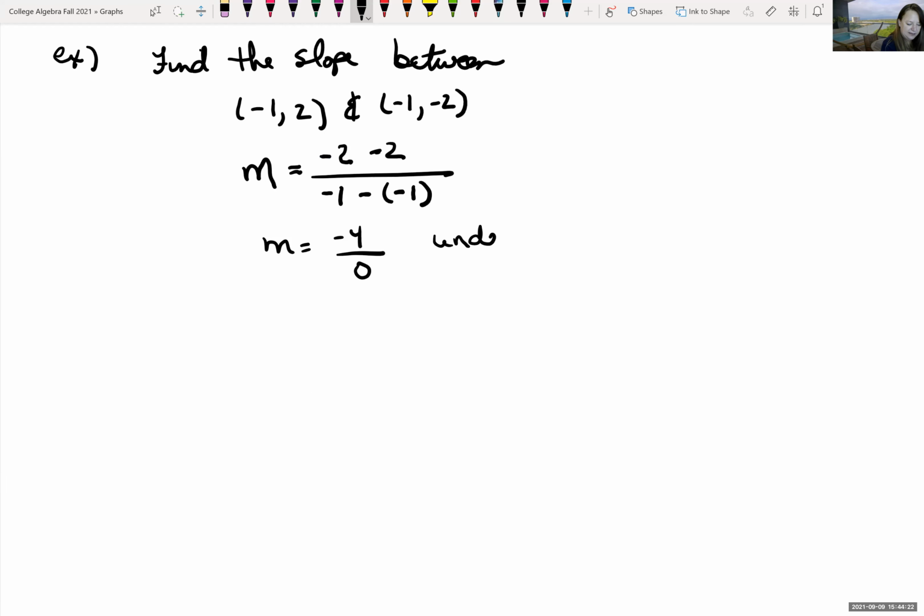And this is undefined. We can go further and say this is a vertical line. We even can say what the equation is: x equals, in this case, the x value that is the same, -1.